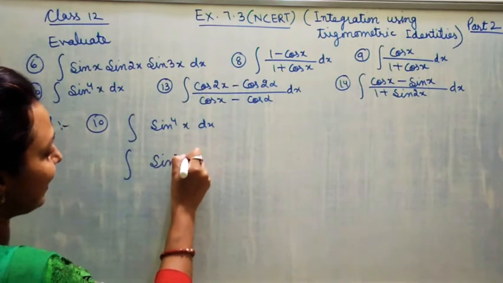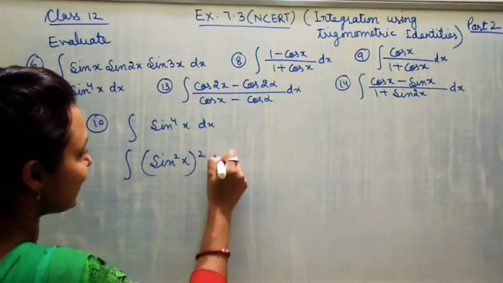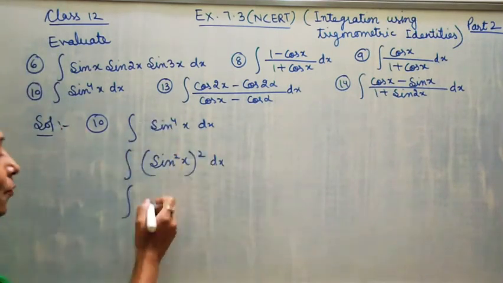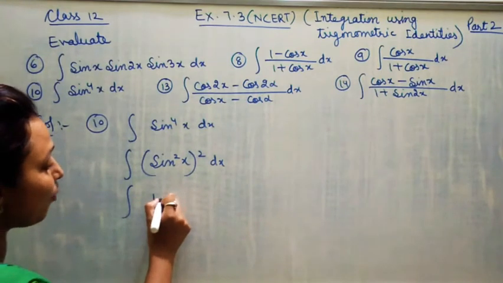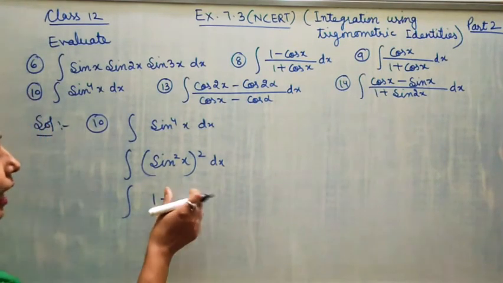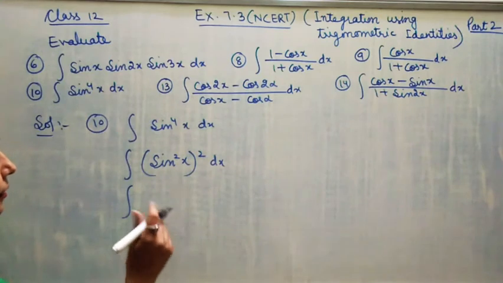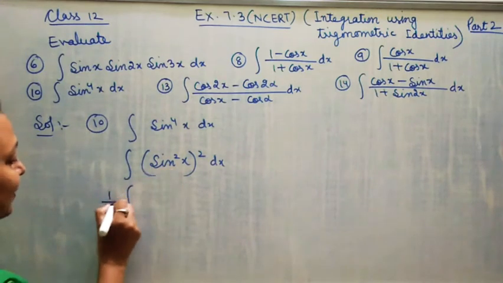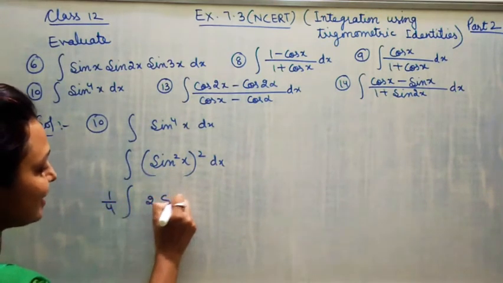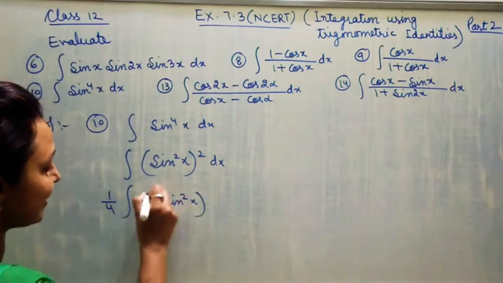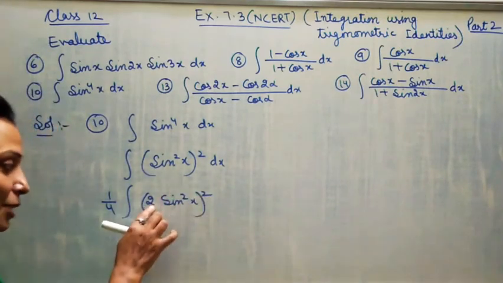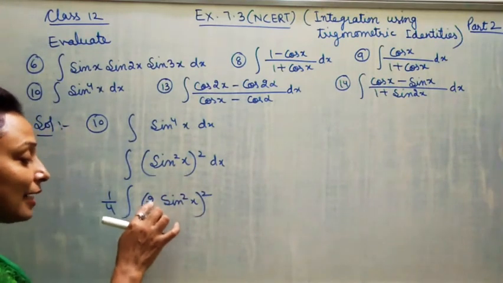Taking sine square x whole square, right? Now after taking the square, I will change it into the 1 minus form. Okay, there is a formula. I will divide and multiply with 2 to make it a formula, because it is a square, 4 is additional.